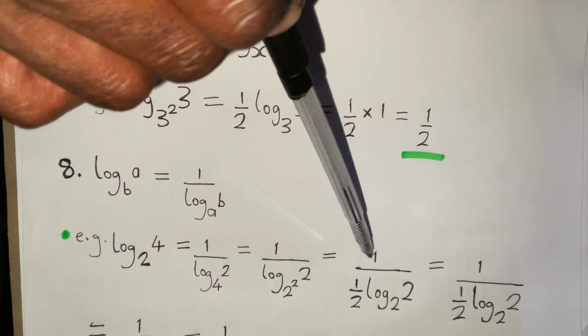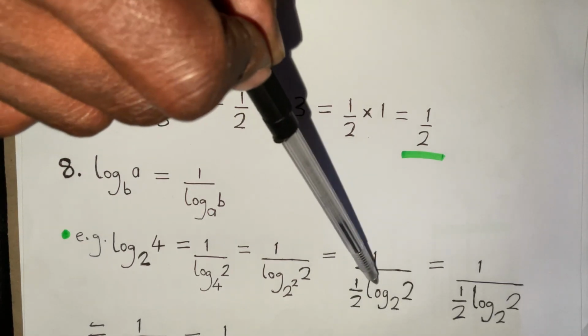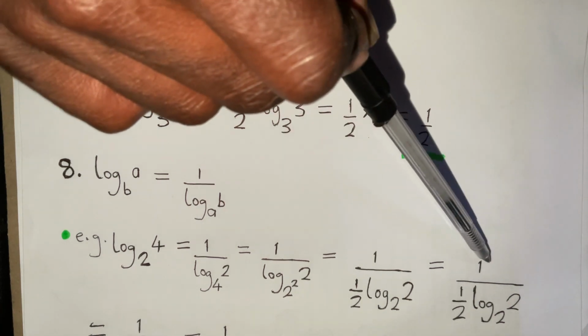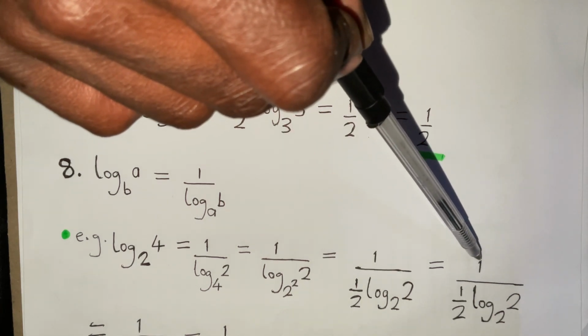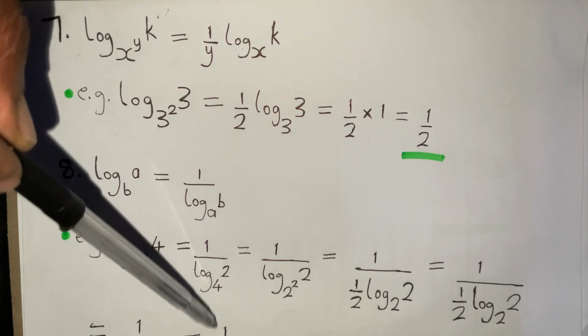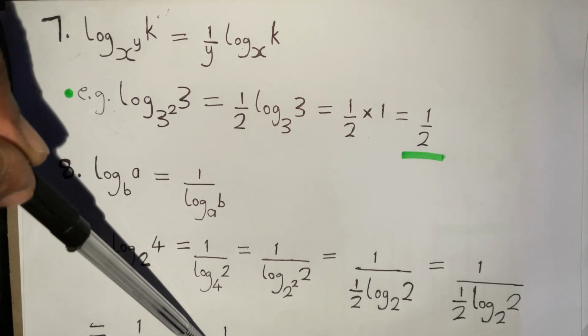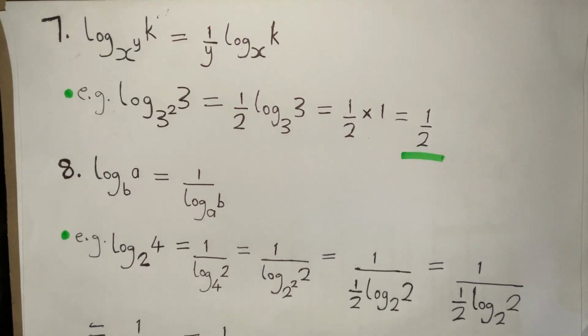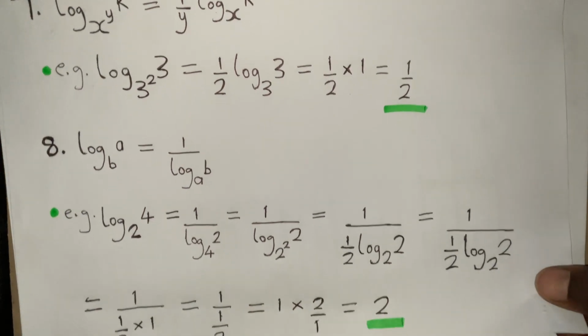So it becomes 1 over half log of 2 to base 2. Remember, log of 2 to base 2 is 1. So it becomes 1 over half multiplied by 1, which is 1 divided by half, equal to 2. So our final answer in this case is 2.